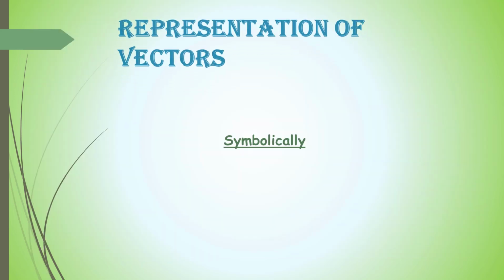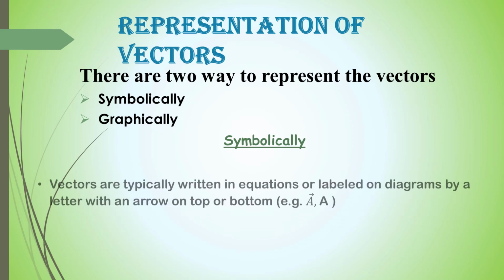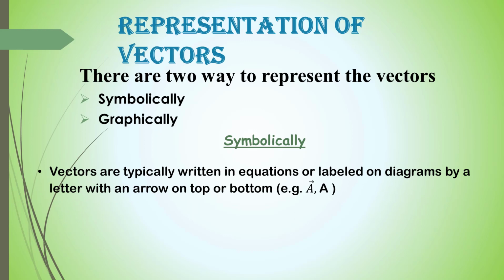Vectors can be represented in two ways: symbolically or graphically. If we talk about symbolic representation first, vectors are typically written in equations or labeled on diagrams by a letter with an arrow on top or on the bottom.